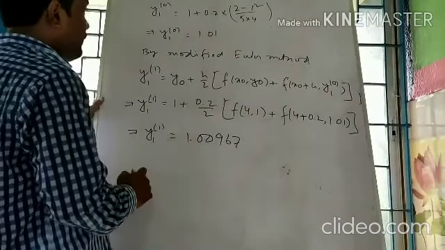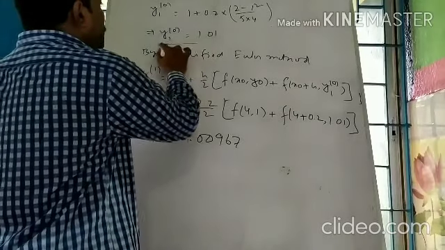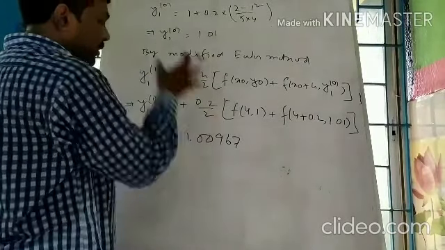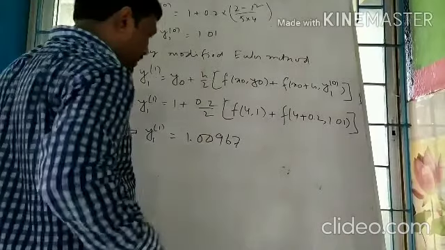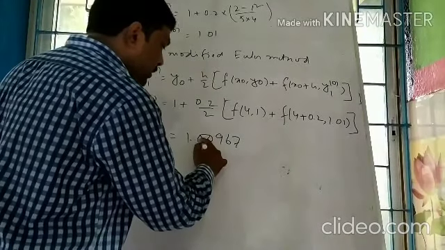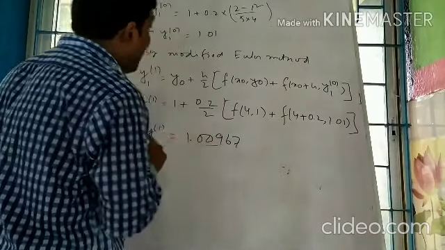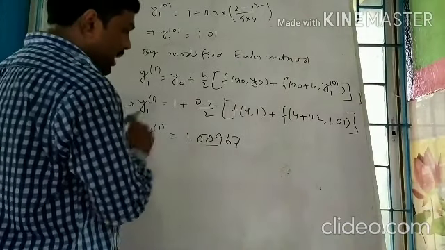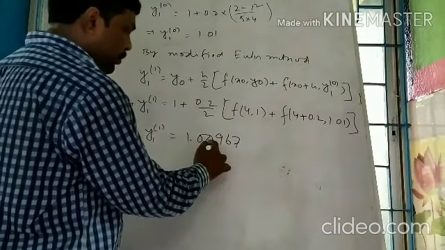The question says correct up to 3 decimal places. So here y11 is 1.01, correct up to 3 decimal places.